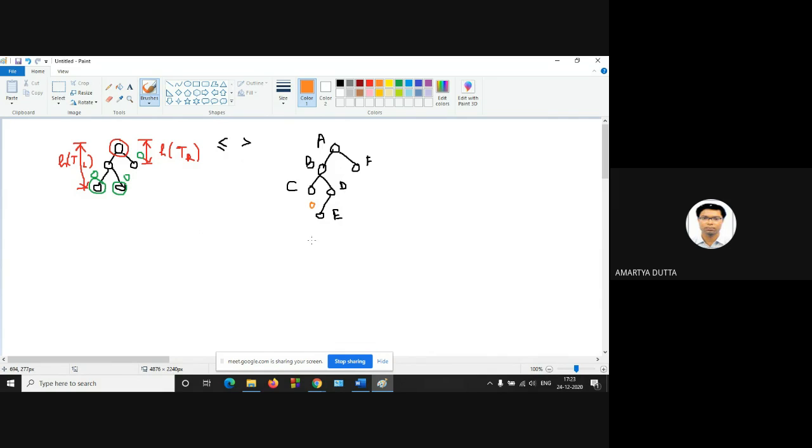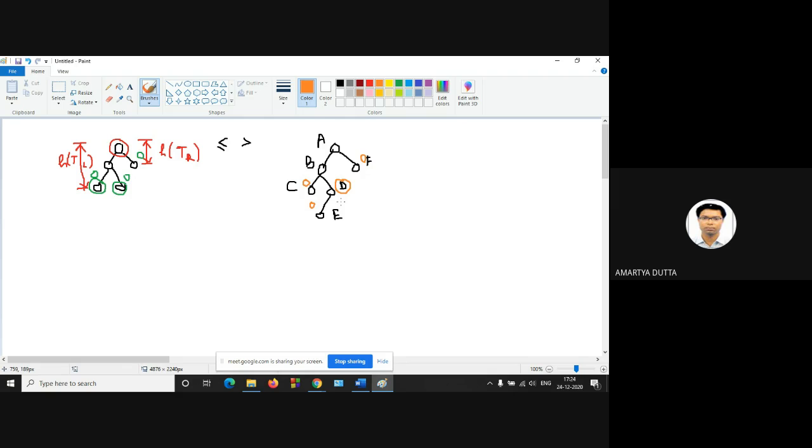The balance factor of C, it is a last node with no left child and no right child. So the balance factor of C is again 0. Similarly, the balance factor of F is 0. Now, what is the balance factor of node D? Node D has one left child, E, but no right child.